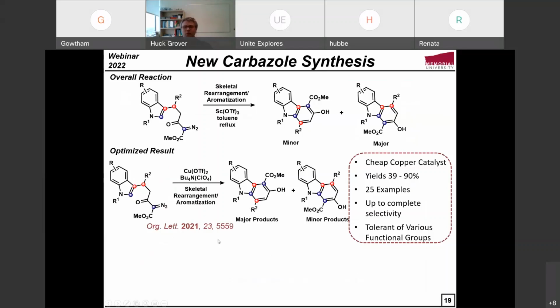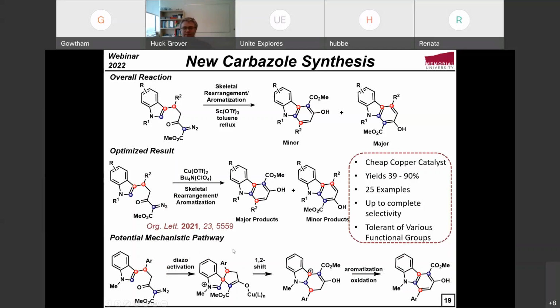And in 2021, we were able to develop some nice copper conditions that help control the reaction here. So I just wanted to end with this little bit of work.